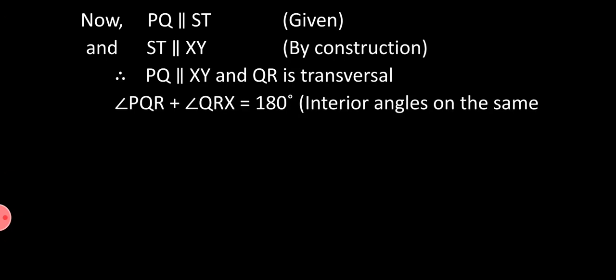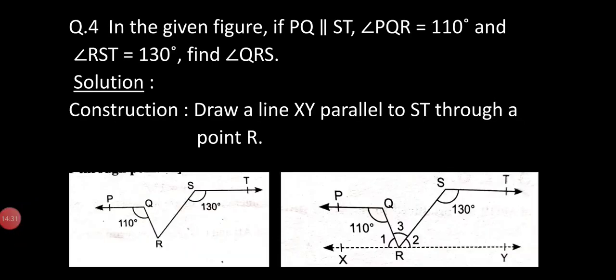Now when these two lines are parallel, that is PQ parallel to XY, and we take QR as transversal, we get angle PQR plus angle QRX equal to 180 degrees because they are interior angles on the same side of the transversal.